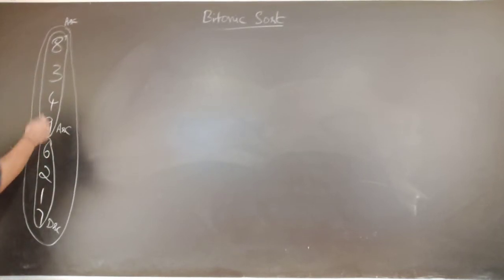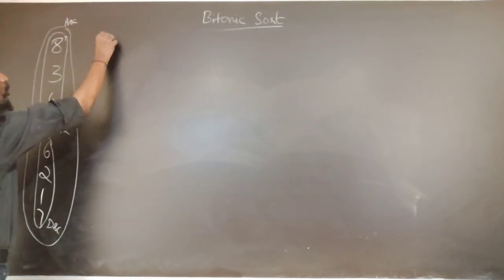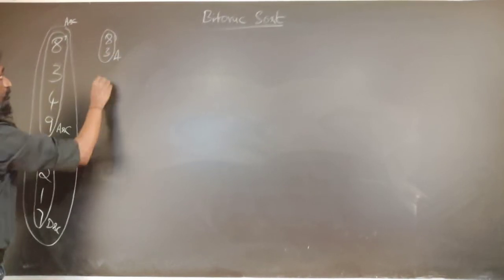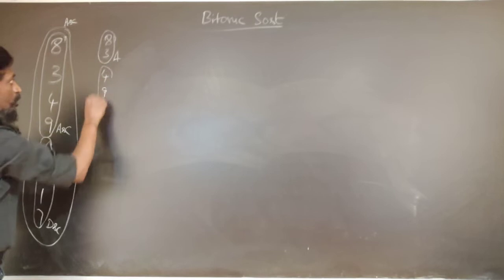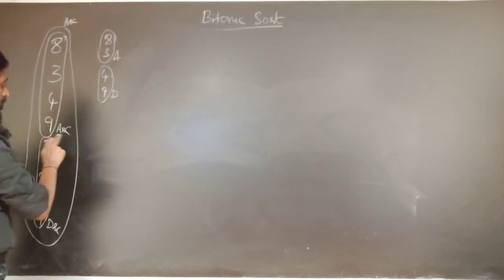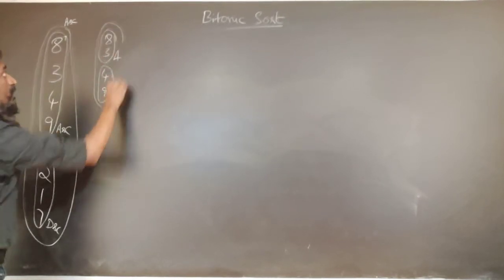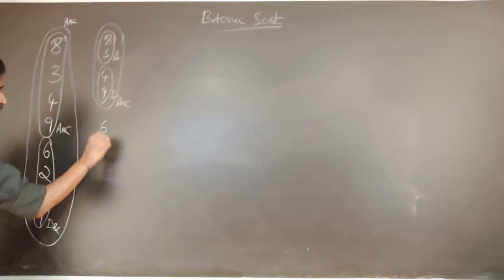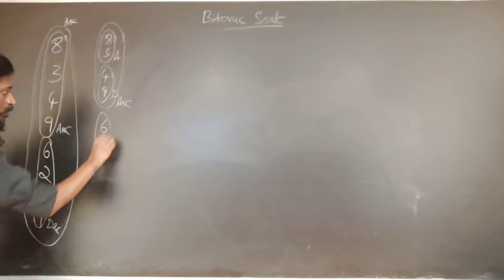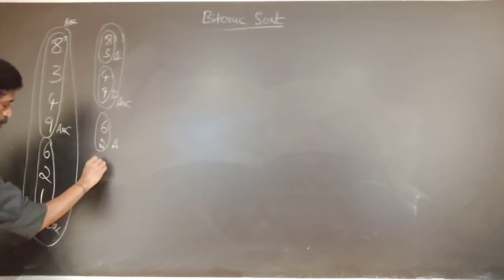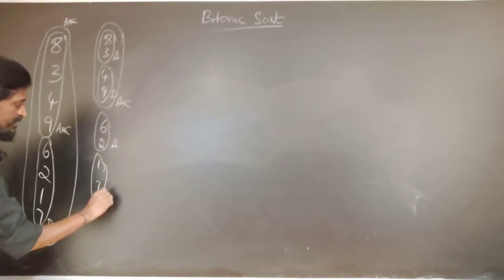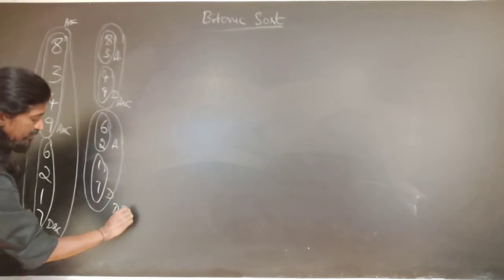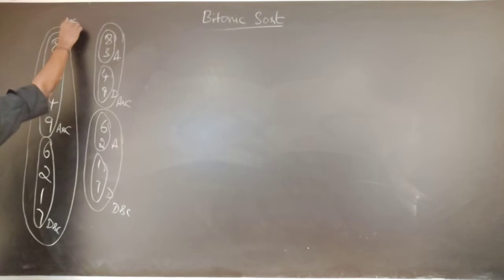We will further divide them into 2 parts, wherein we want the elements 8 and 3 to be in ascending order, 4 and 9 to be in descending order, and this entire list of 4 elements has to be in ascending order. Same way, we will divide it into 2 parts, 6 and 2 ascending, 1 and 7 descending, and the set of these 4 elements in descending order, and finally the entire set in ascending order.